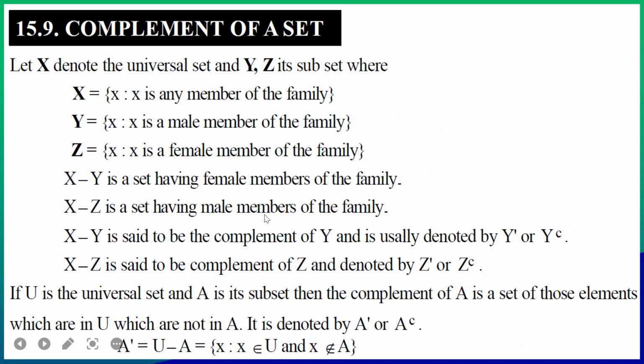Those are Y, equal to set Y. And X minus Y, members of the family that are not male, is just the same as the female. You denote it, the complement of male is female. Okay, so we denote complement as Y prime or Y raised to c. That is the symbol for complement. The complement of male members is female and vice versa.